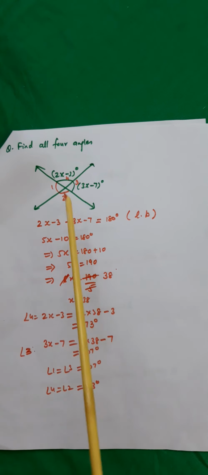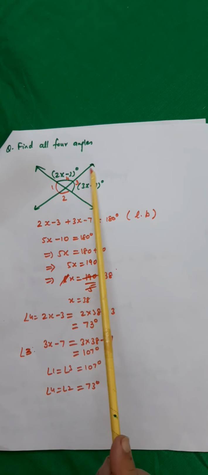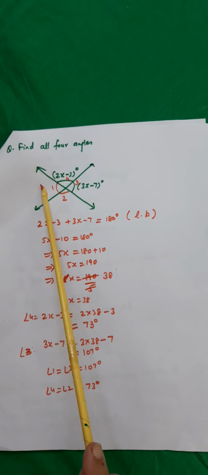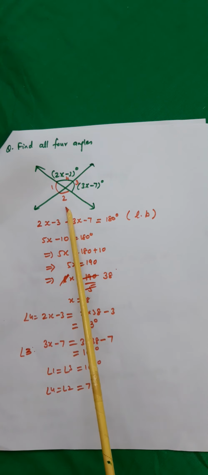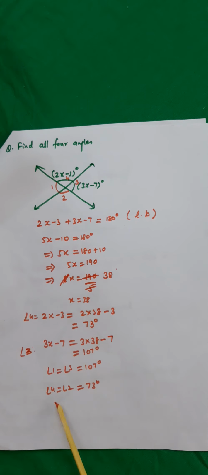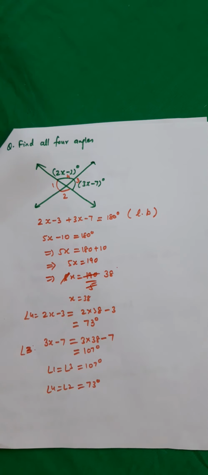Now angle 1 and angle 3 are vertically opposite angles. So if this angle is 107, this angle 1 will also be 107. Similarly, angle 4 and angle 2 are vertically opposite angles. Therefore, if angle 4 is 73, angle 2 will also be equal to 73 degrees.